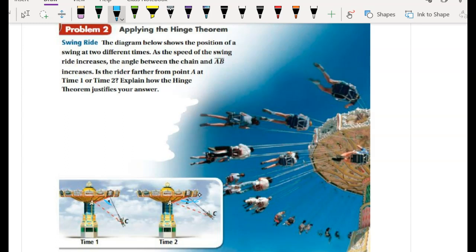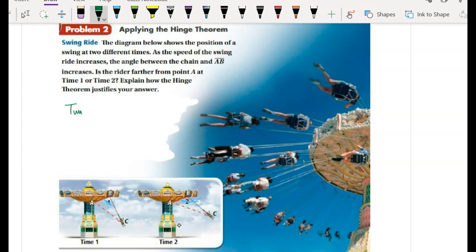I'll give you a second to process. Okay, so we are going to use the hinge theorem. Is angle B greater at time 1 or at time 2? It's greater at time 2.